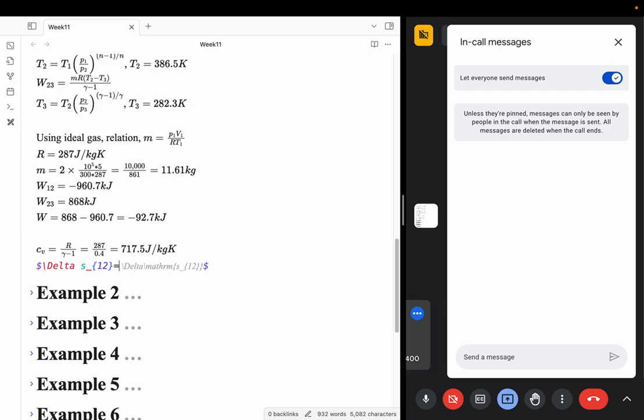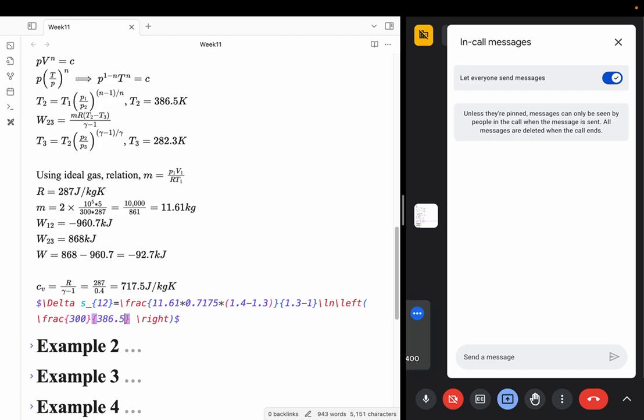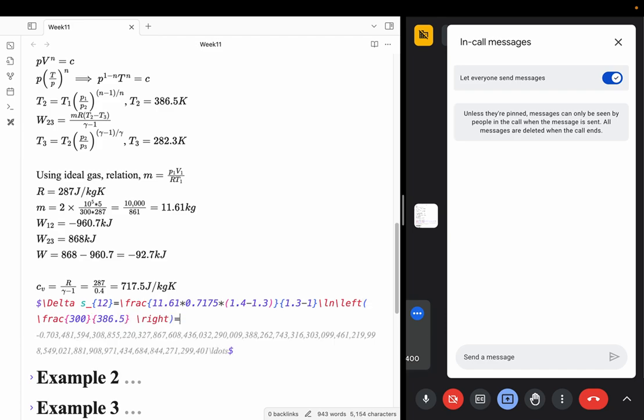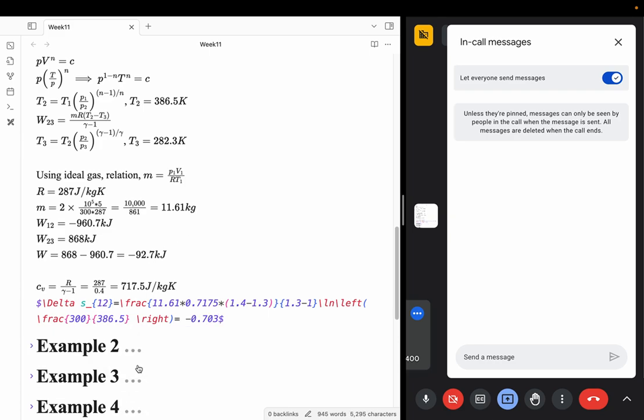So you can just tell me the value. You can just check and confirm if you're getting the same value.